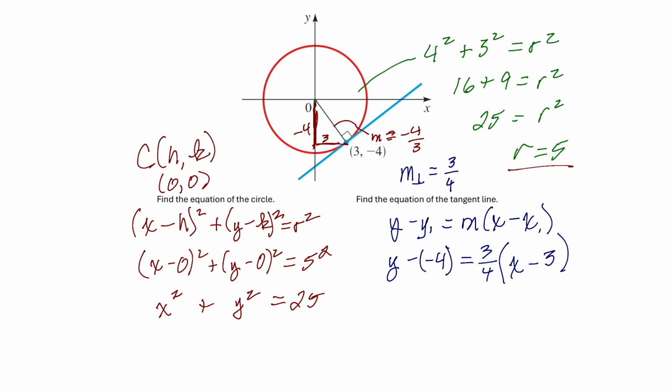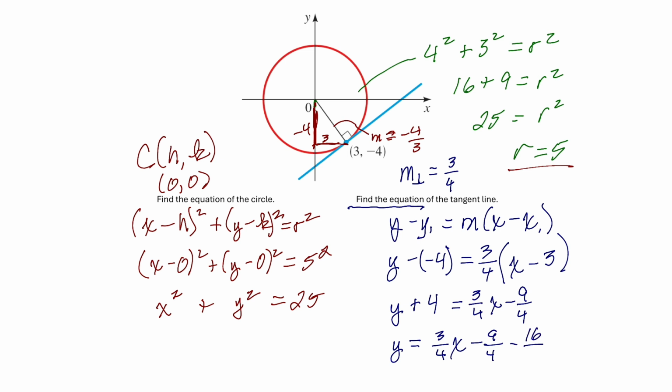This could be your final answer because it just says find an equation. For some reason a lot of students like to put things into slope-intercept form. So I'll do that right here, which is not as fun of a thing to do. But if you subtracted 4 on each side, you'd be there. So negative 9/4 minus 4. 4 is 16/4, right? 16 divided by 4 is 4.